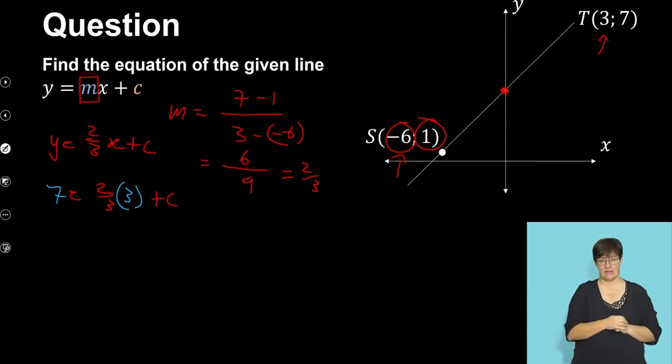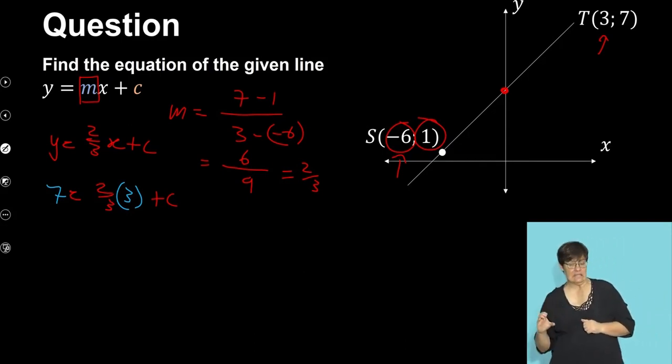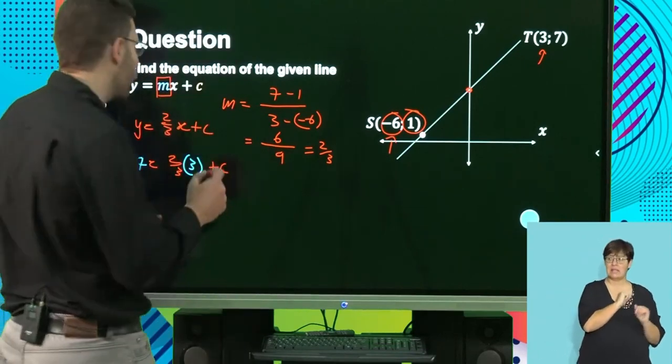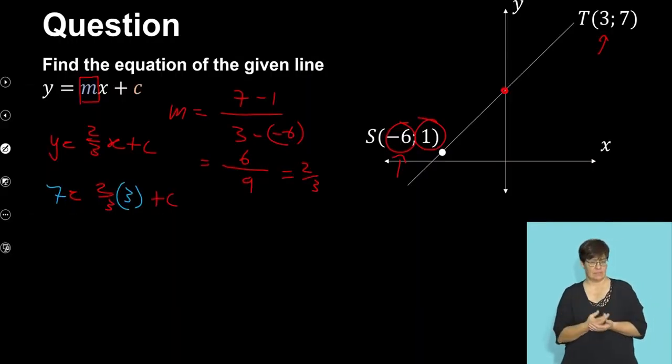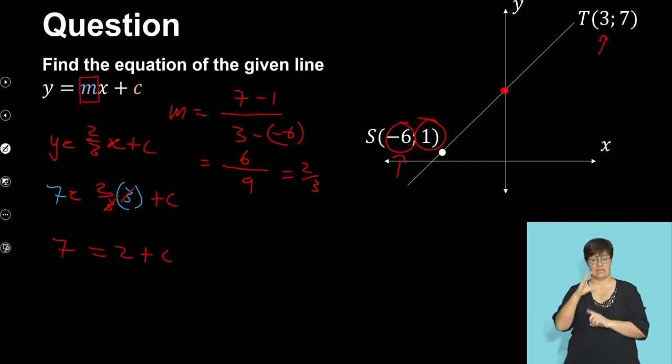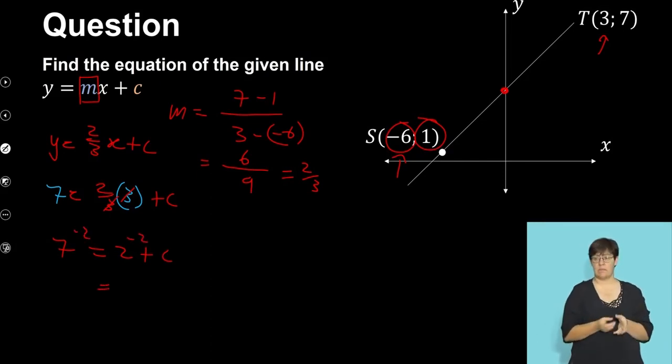And now the question is, what must c be so that this equation is true? I've set up an equation, and now I can just solve for c. Here I can see the 3's cancel out. All I'm left with is 7 equals 2 plus c. If I subtract 2 on both sides, I get that c is equal to 5.